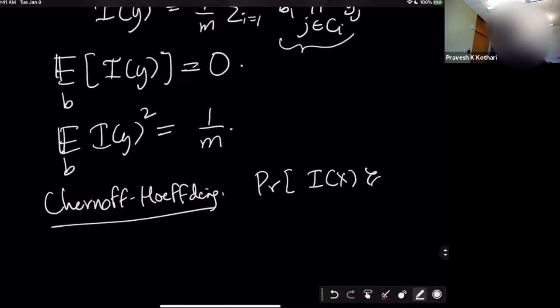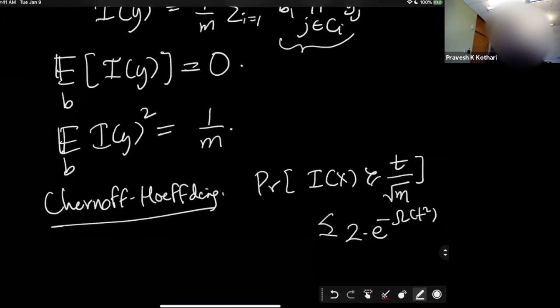So this is saying that the chance that my random variable I of y takes a value which is t times larger than its standard deviation is at most 2 times e to the minus some constant times t squared. This is the Chernoff-Hoeffding bound as I remember it.